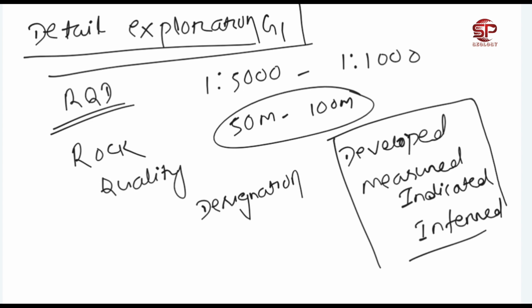So we locate an ore which has, suppose, 60% metal content. Then it will be extracted, then processed, and after processing it will contain 100% metal. So those are the different stages of exploration.